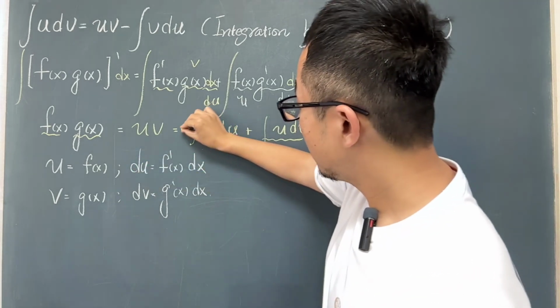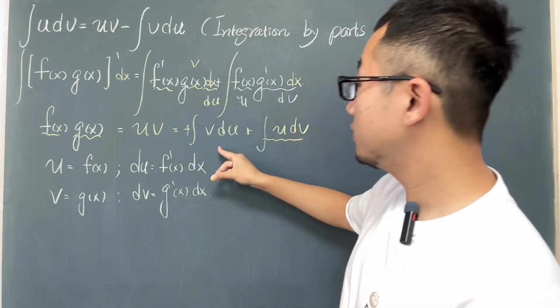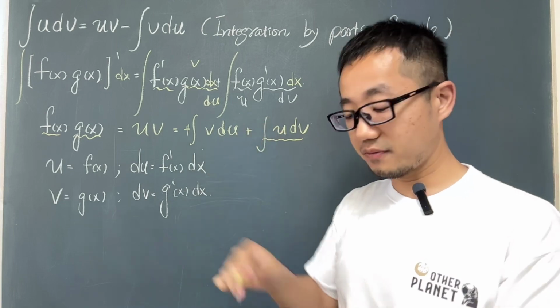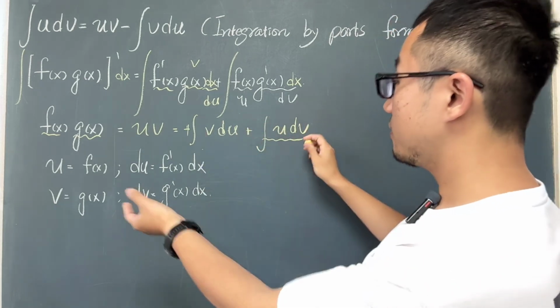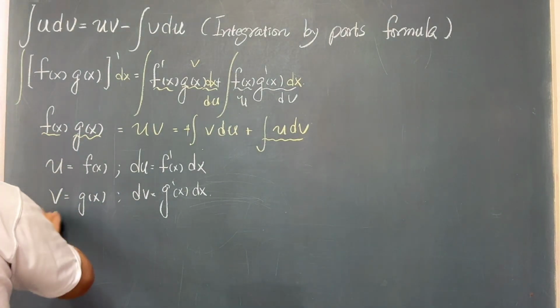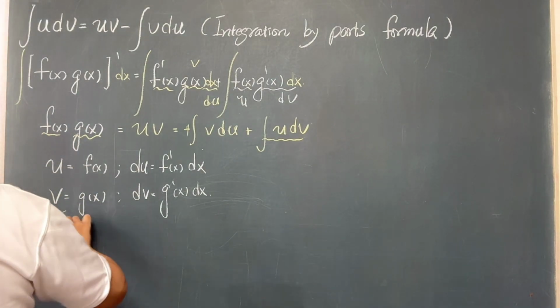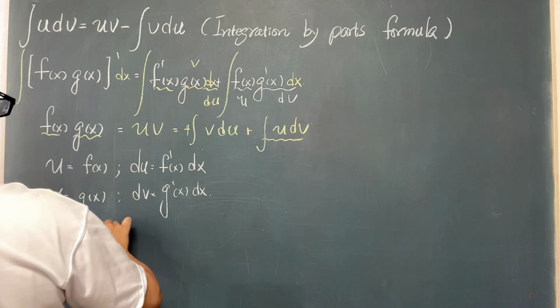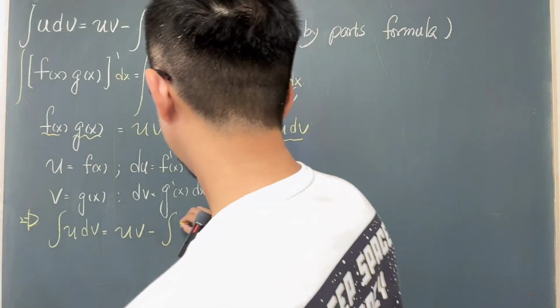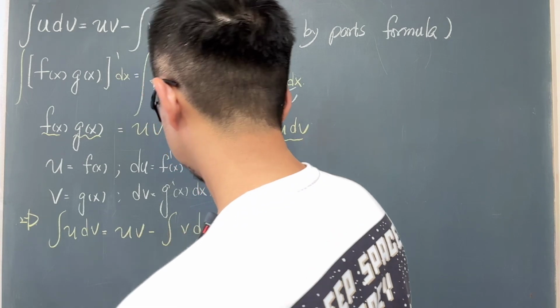Since it's a positive value, when you move it to the left, you should replace the positive term by a negative. So I can rearrange all these expressions, and what we obtain is the integral of u dv is equal to uv minus the integral of v du.